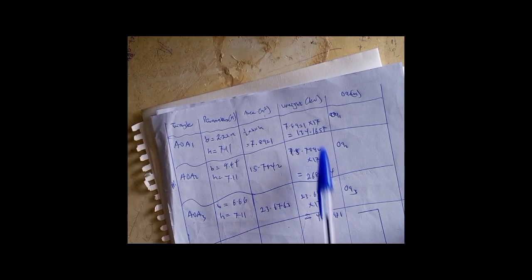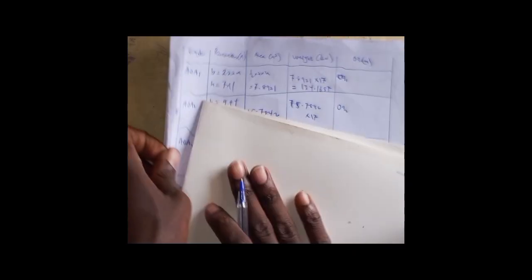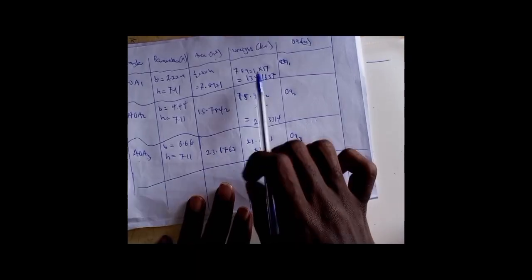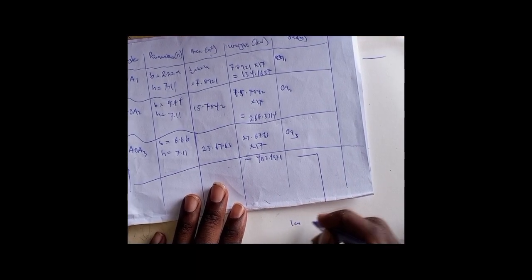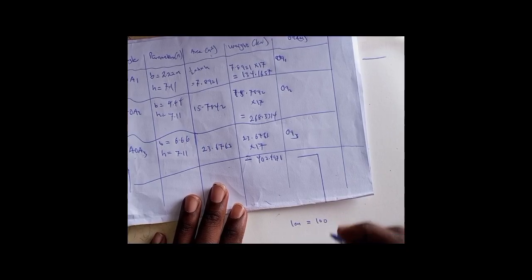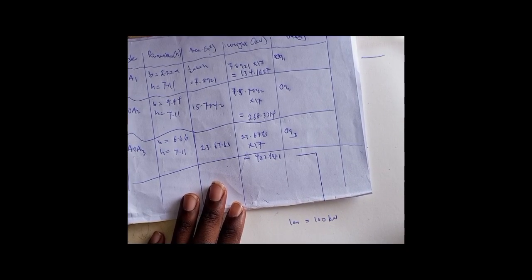So per my weight I have to choose a certain scale. So let's say, per the values I have here, I'm going to choose a scale of 1 centimeter is to 100 kilonewtons.